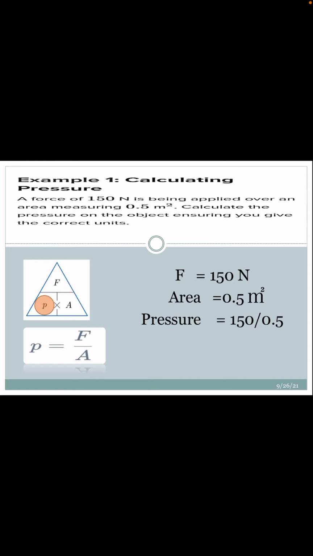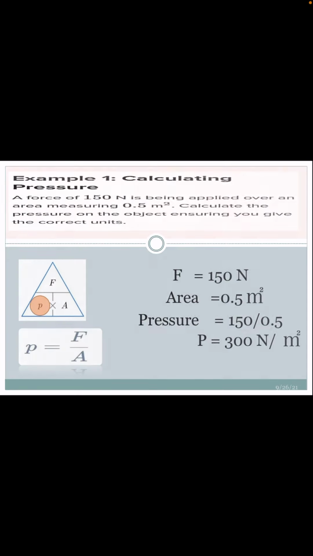So, P is equal to F by A. Here force is given as 150 newton and the area is 0.5 meter square. So, pressure will be 150 divided by 0.5, which is equal to 300 newton per meter square. Is it easy, right?